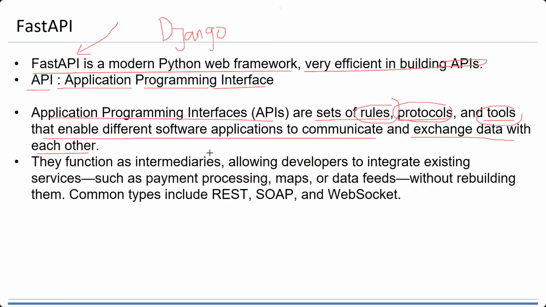So this is a very good approach, especially when you have the web and then you want other partners or you want other industries to connect into your web. So we want to communicate and we want to exchange data.